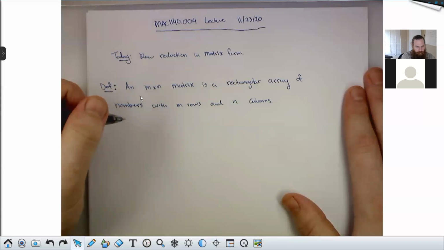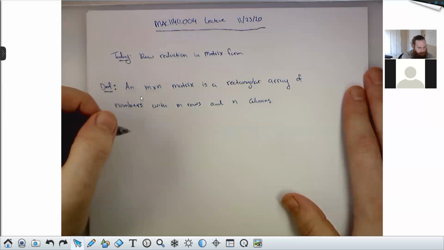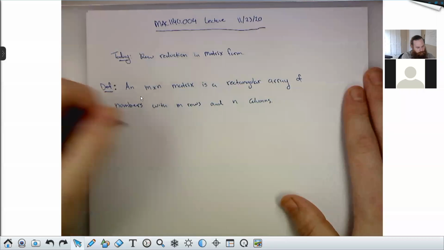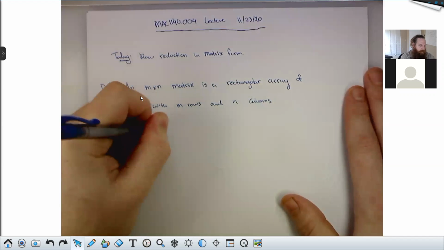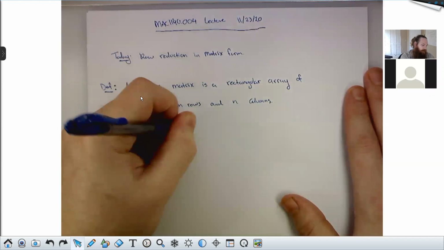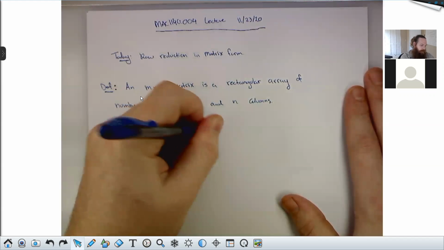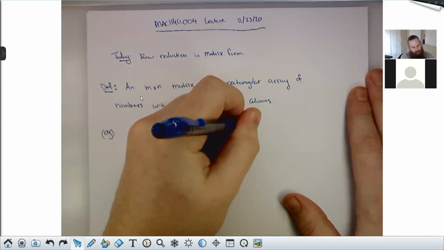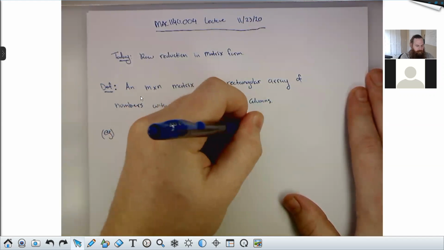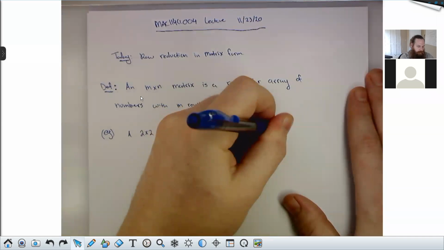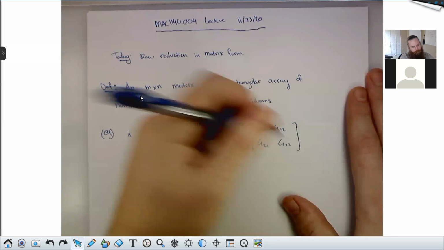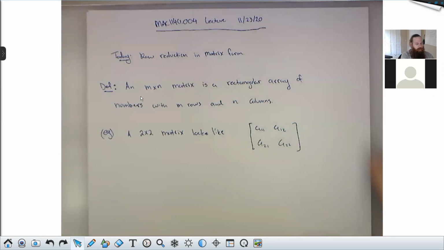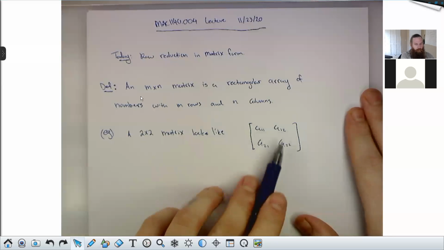The entries you indicate with subscripts. So for example, a 2x2 matrix looks like, some people put them in brackets like this, A11, A12, A21, A22. So the numbers here are called entries.